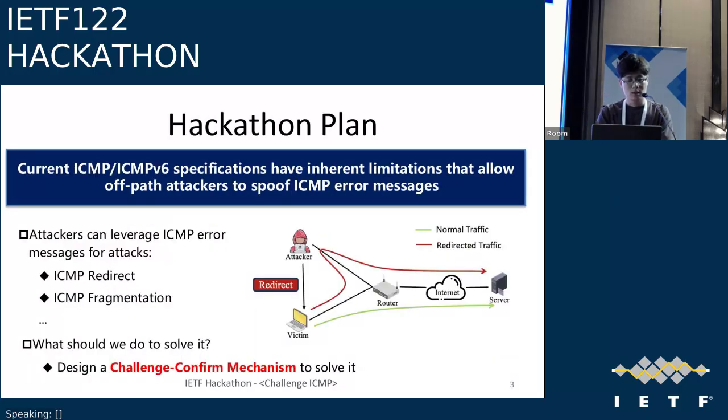However, the current ICMP specifications have inherent limitations that allow off-path attackers to spoof ICMP error messages, and the attackers can leverage ICMP error messages for different attacks. So we plan to design and implement a challenge-confirm mechanism to solve it.